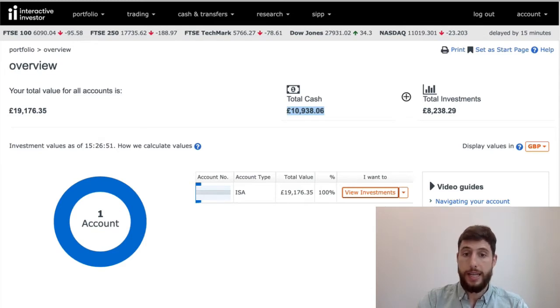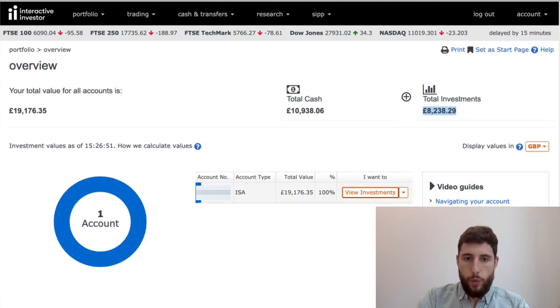So that's basically money not in the fund, sorry, in the platform, guys, in Interactive Investor, but it's not invested in anything, okay? It's ready to be invested in something. Total investments. So this is how much money you have in your account, but it's invested in specific investments or funds. Okay, and both those together add up to being the total value that you have within your funding platform.